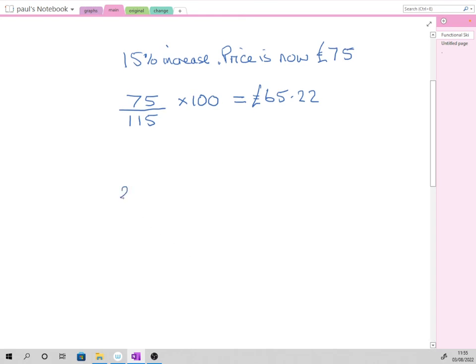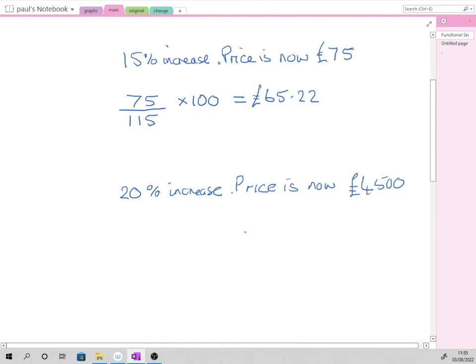So this time we've got a 20% increase, and the price is now £4,500. What was it before? Okay, so the 20 plus the 100, which is the original price.